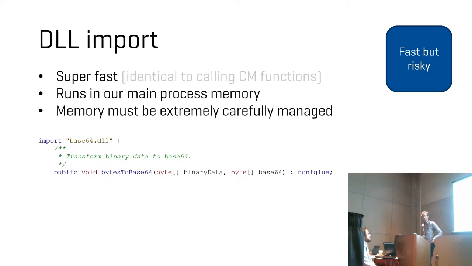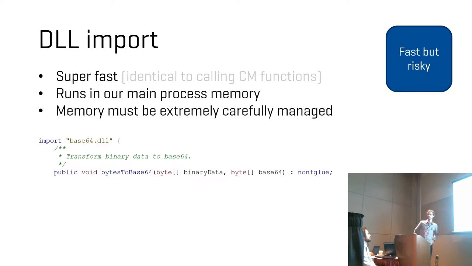So for the DLL import, which James is going to talk about later, I would say it is the fastest one you can do, because you run the code in the same memory as the CET Designer process. So it's basically like calling CM functions or built-in C++ functions.